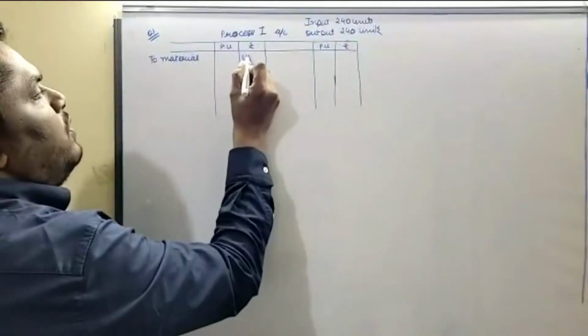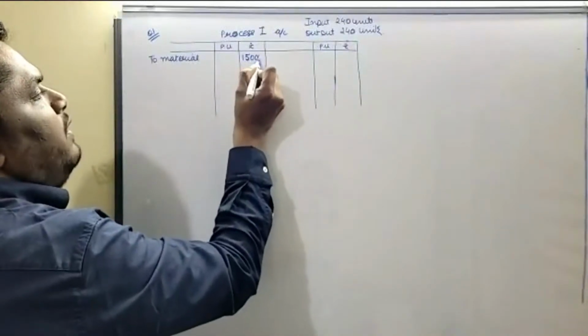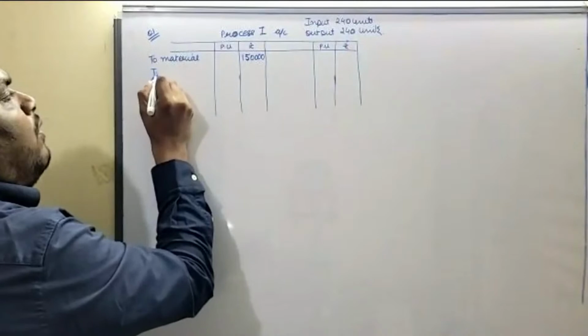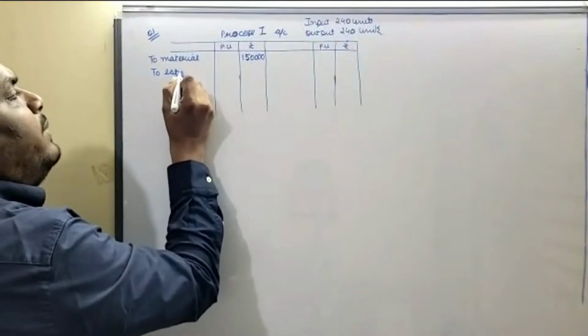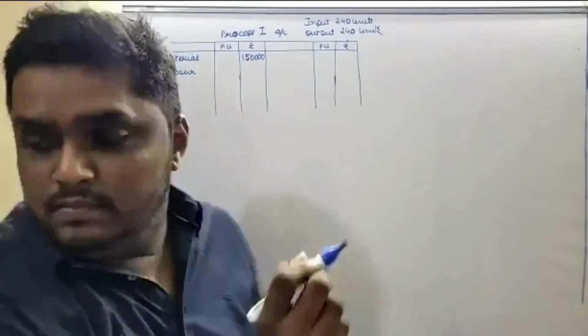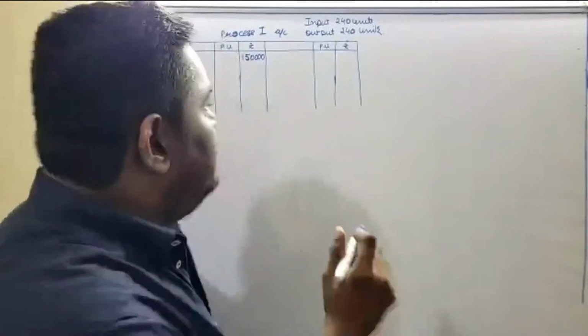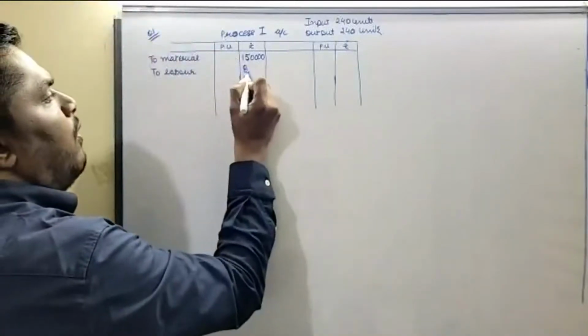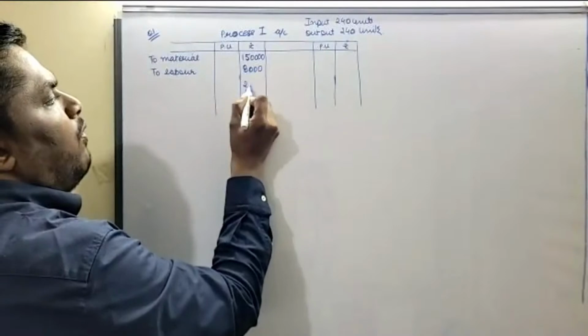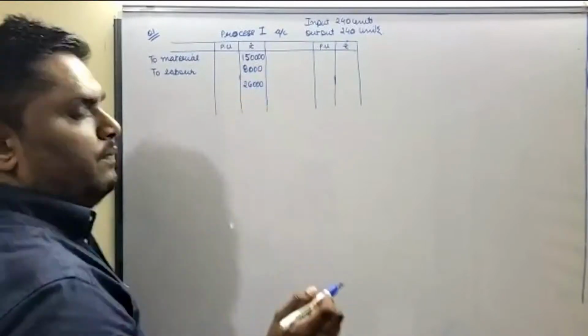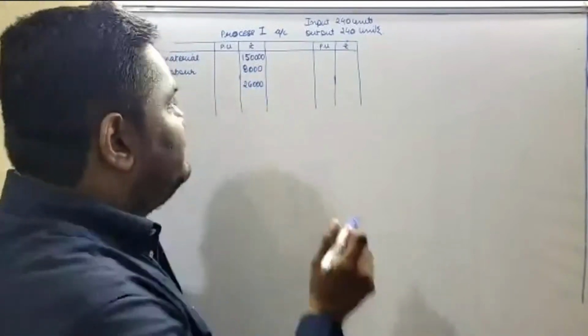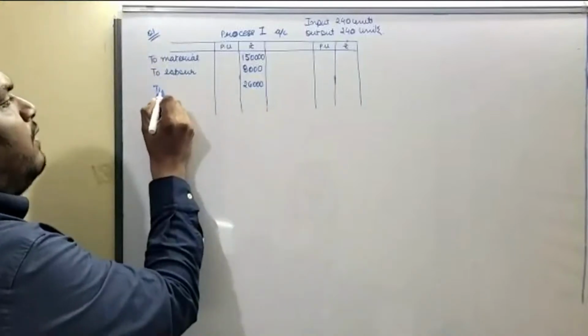So to material cost is 1,50,000. To labor cost is how much? It is 80,000. To other expenses are 26,000.